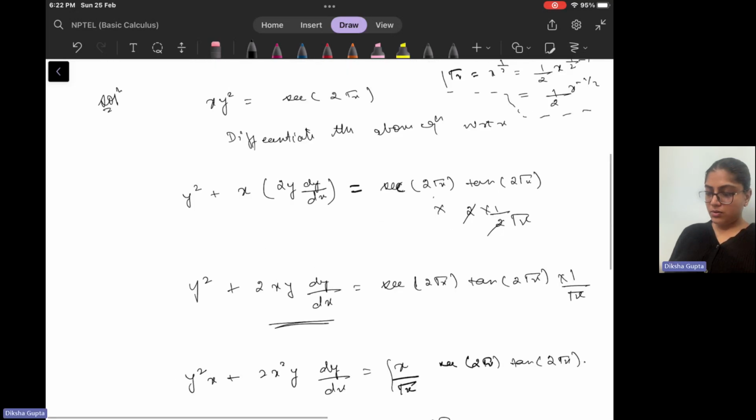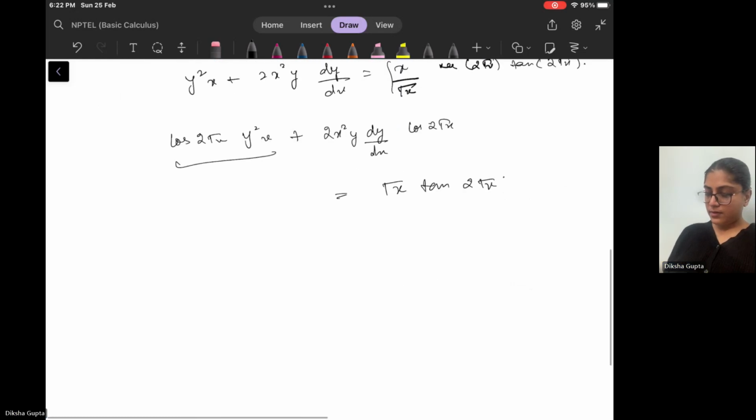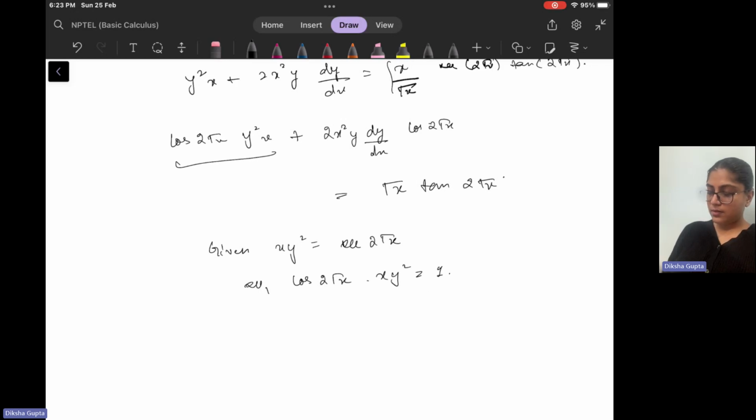Also, you know that xy² is sec(2√x), so given xy² = sec(2√x), cos(2√x) into xy² is 1.